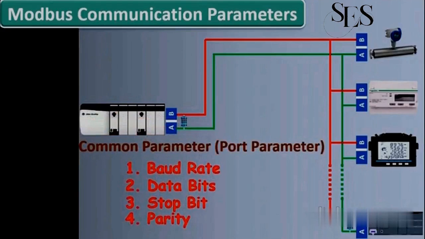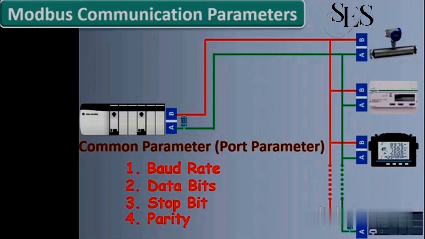Before going toward the Modbus parameters, let me summarize all the RS485 parameters of the devices in the same communication network. We call these four parameters the common parameters, port parameters, or RS485 parameters of the devices. As mentioned earlier, all these parameters remain the same for all the devices.